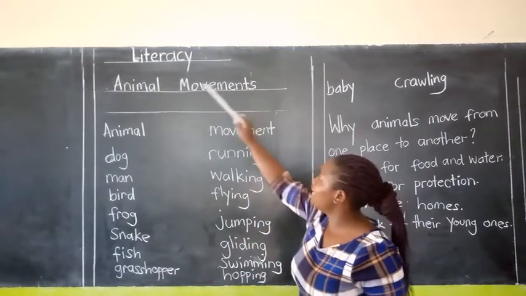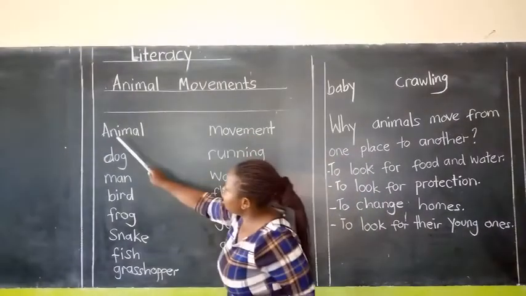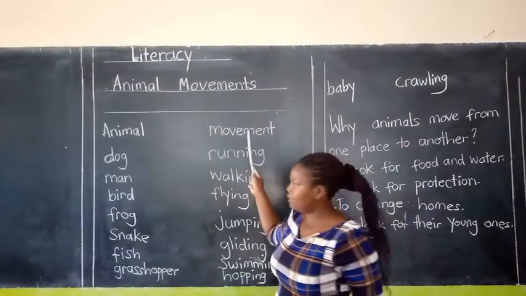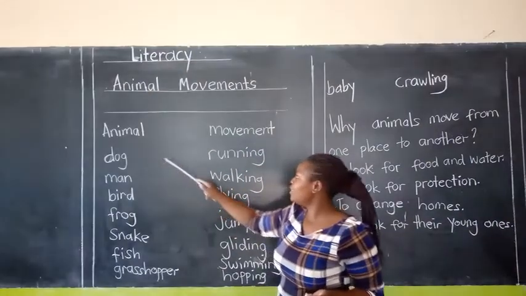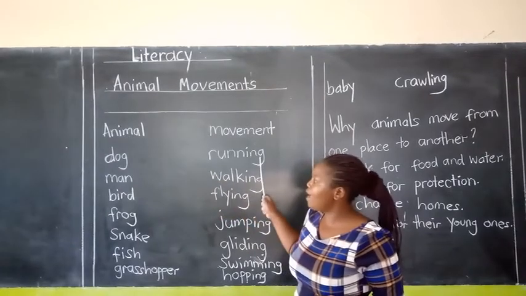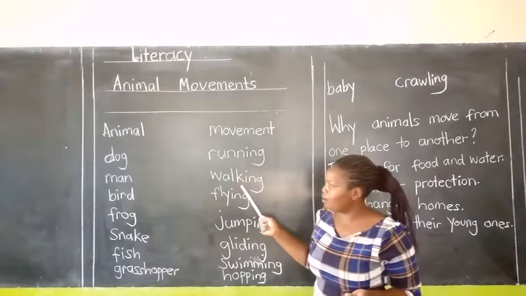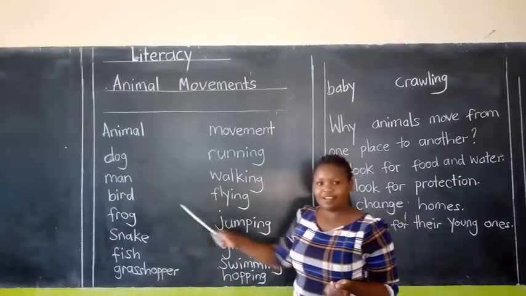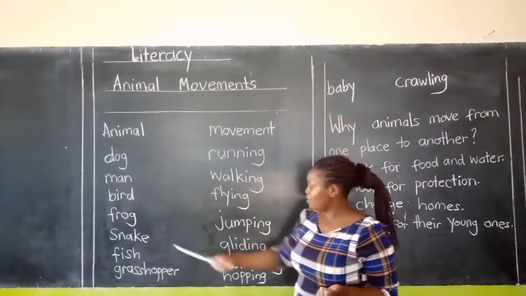So here we are looking at animal movements. On this side we have animal, and here we have movement. The first animal is the dog. How does the dog move? By running. Man, by walking. Bat, by flying. Frog, by jumping.